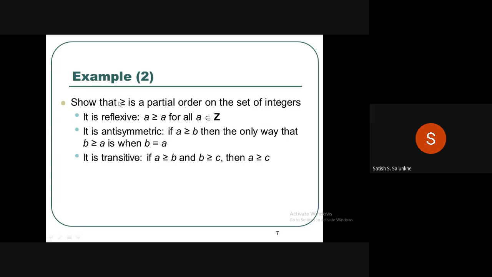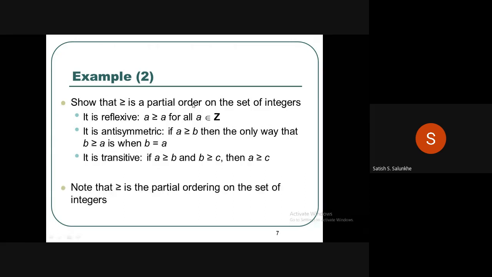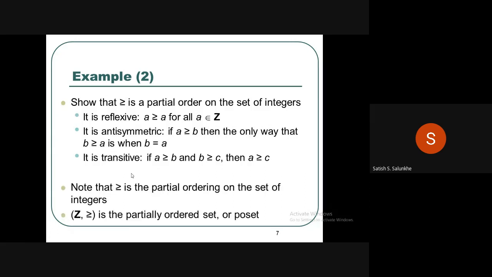Therefore, this greater than or equal to relation on Z is a partial order relation. So how do we denote a poset? (Z, relation) means a set, comma, partial order relation on that set. This (Z, ≥) is termed a poset.